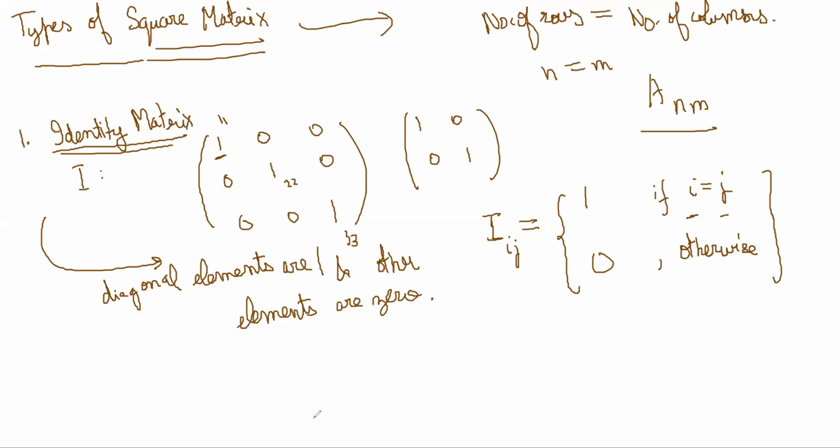The next type of matrix we'll see is a diagonal matrix. What is a diagonal matrix? Same idea. In a diagonal matrix, every non-diagonal element should be 0. So A is a diagonal matrix if, for example, 3 0 0, this is a diagonal matrix.